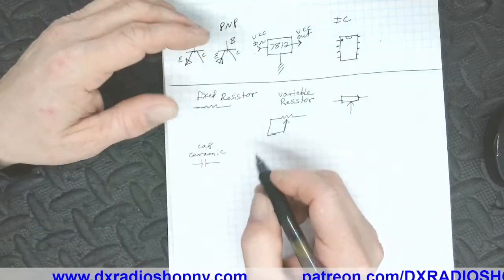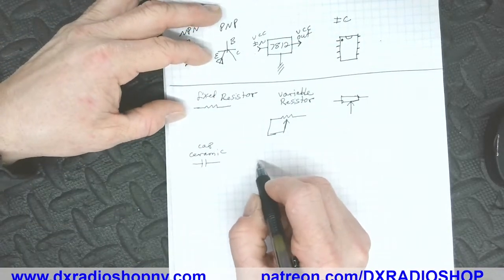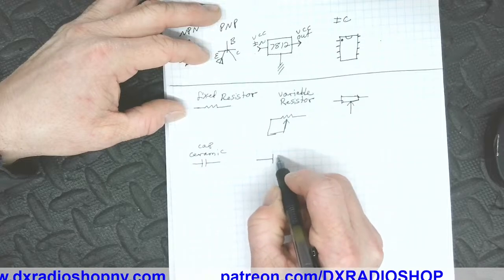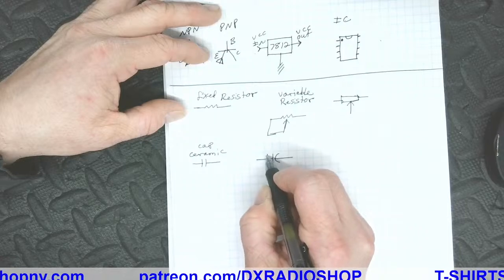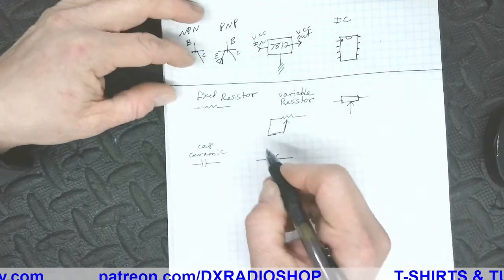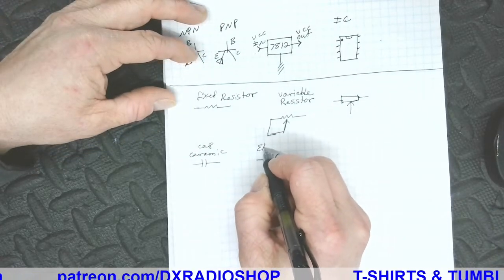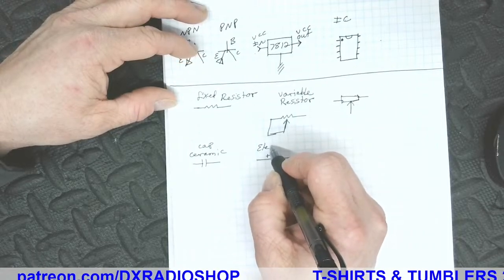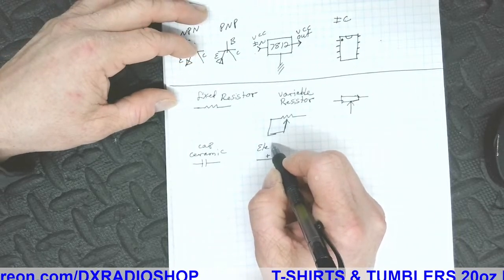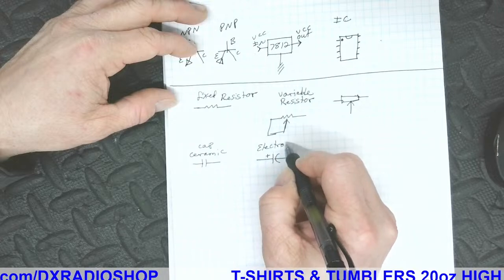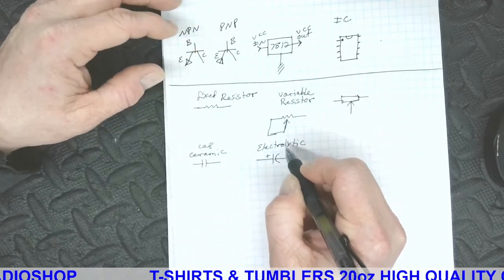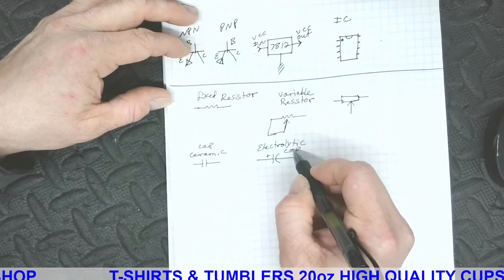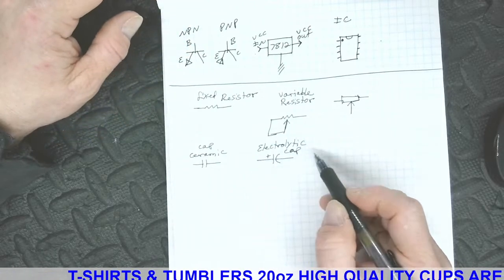Now a polarized cap would be a curve and a plus mark. That makes this, I think I spelled that right, an electrolytic capacitor.